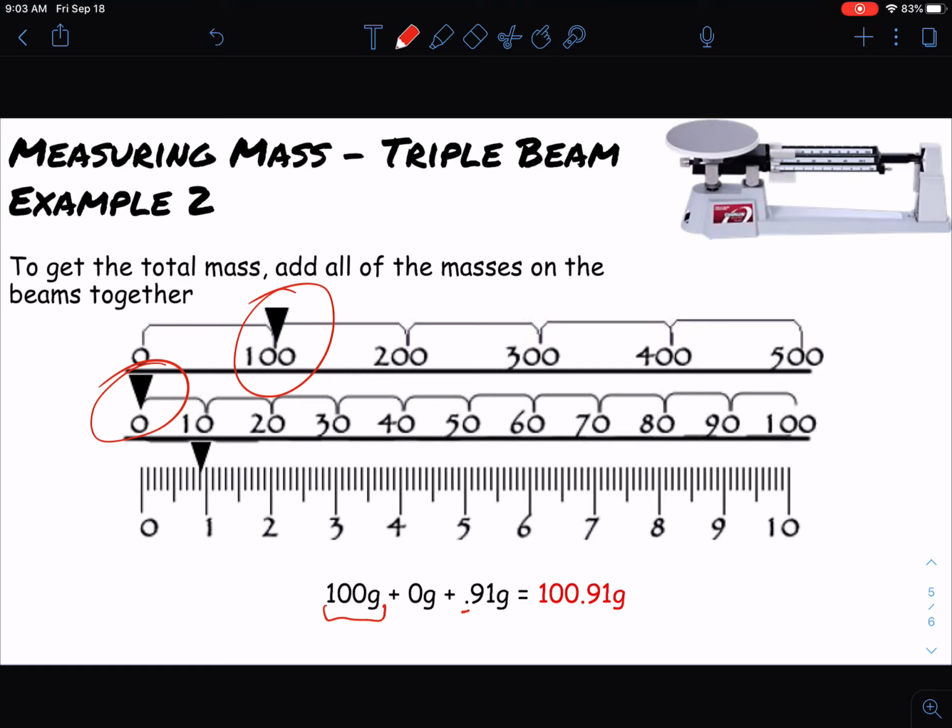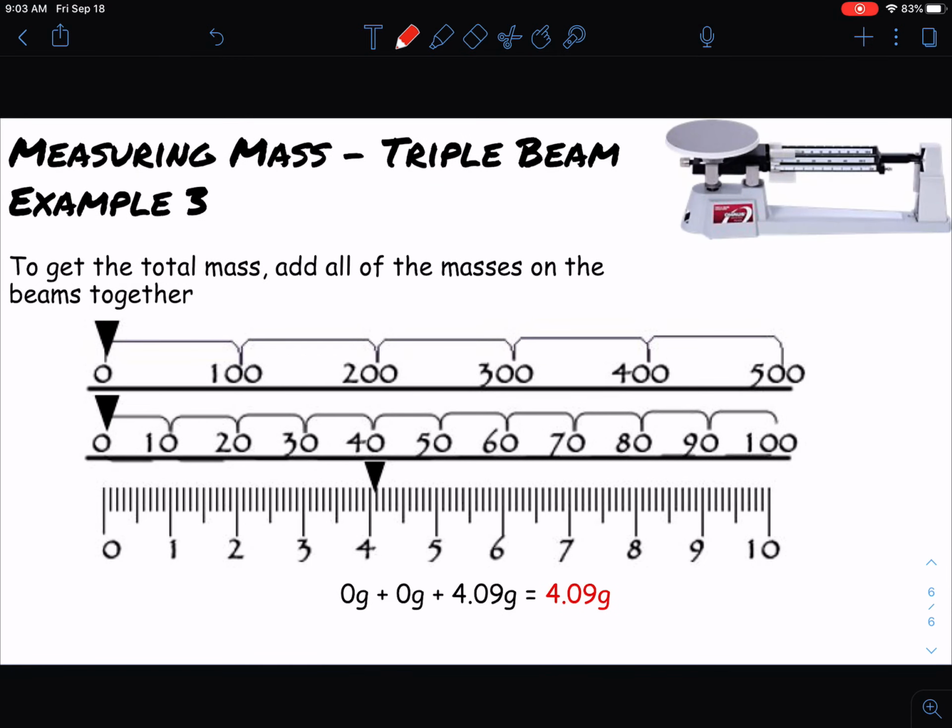And here's the 0.9 gram. It looks to me that it's slightly past that line, just barely. So I'm going to say 0.91 because it's slightly past and we need 2 decimal places. So when you add it up, 100 plus 0.91 gives you 100.91 grams. Again, number, unit. You must have both.